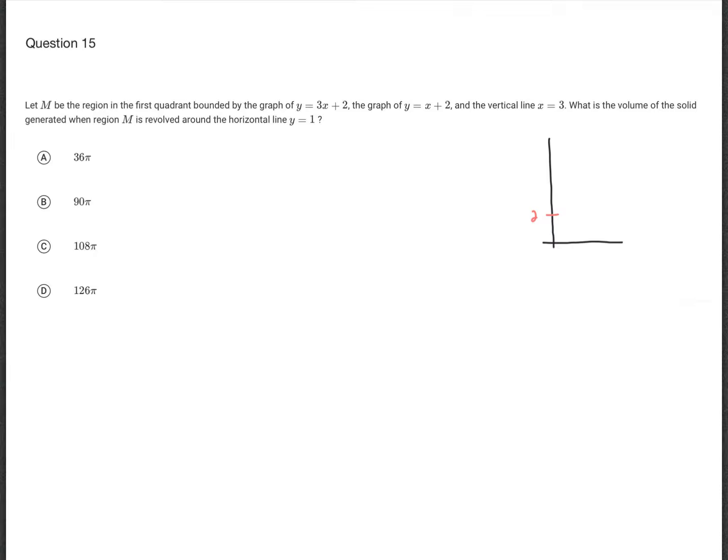Let's make that 2 actually. Okay, one of them is 3x plus 2 and the other is just x plus 2. So one of them will have a really steep slope and the other one will not be as steep. Okay, and then we have this line x equals 3.